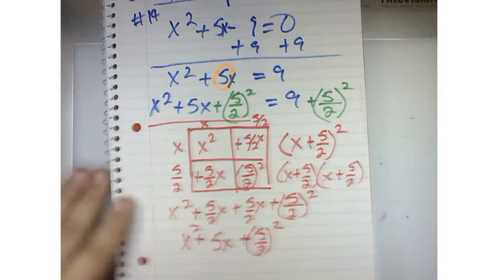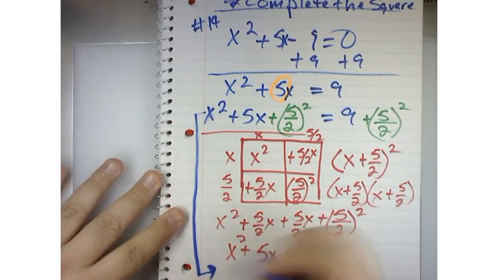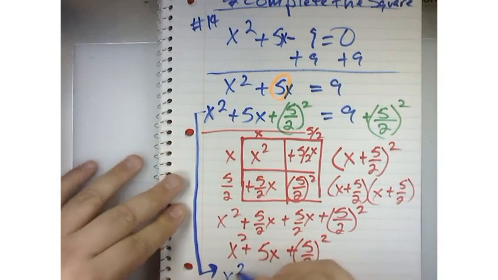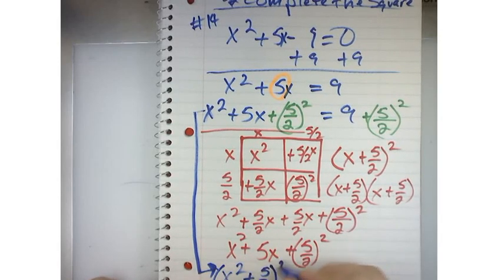So I'm able to go from this step and say x plus 5 over 2, squared, equals 9 plus 25 over 4.